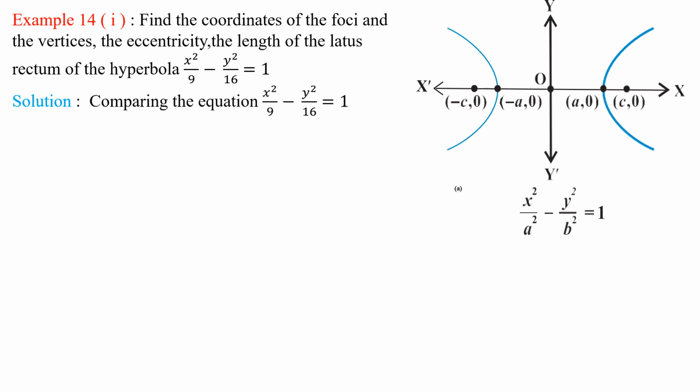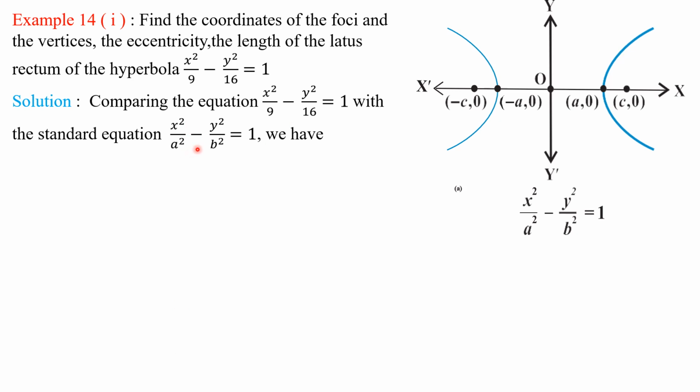Comparing the equation x squared by 9 minus y squared by 16 is equal to 1 with the standard equation x squared by a square minus y squared by b square is equal to 1. Okay, my children, we are comparing the given equation of the hyperbola with the standard equation of the hyperbola.